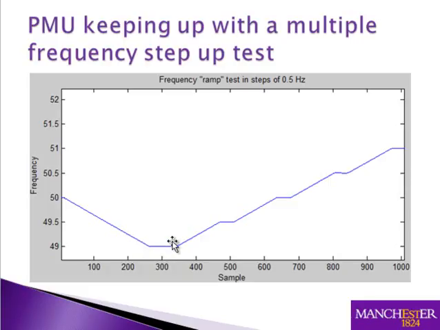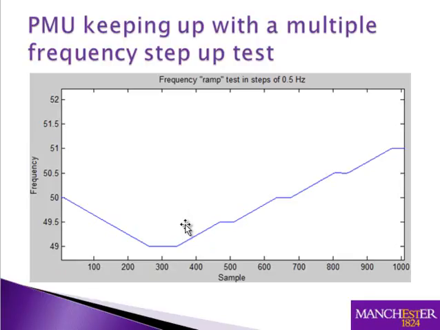So the multiple frequency step up tests. However, if we apply, instead of 0.5 hertz, 5 hertz, which is the next level, there are two tests defined in the standard.